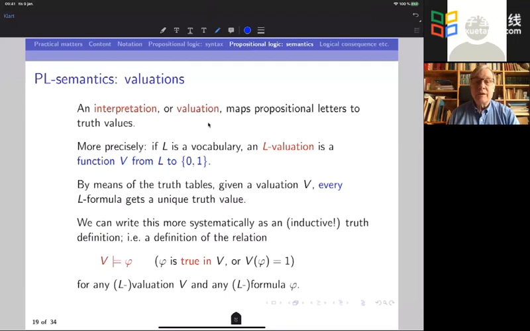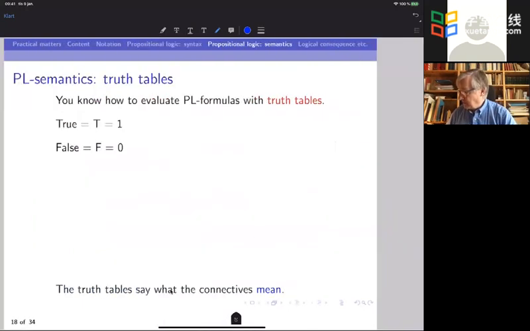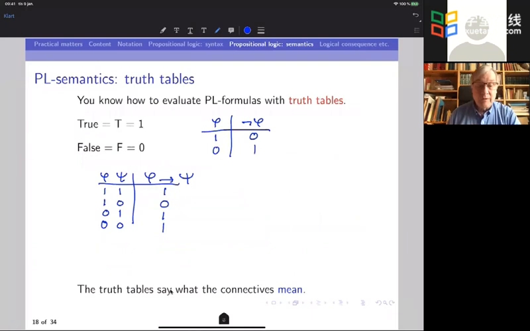Okay, excellent. Now I have a question, and let me just read the question. Yes, the question is about the third line in the truth table for implication.